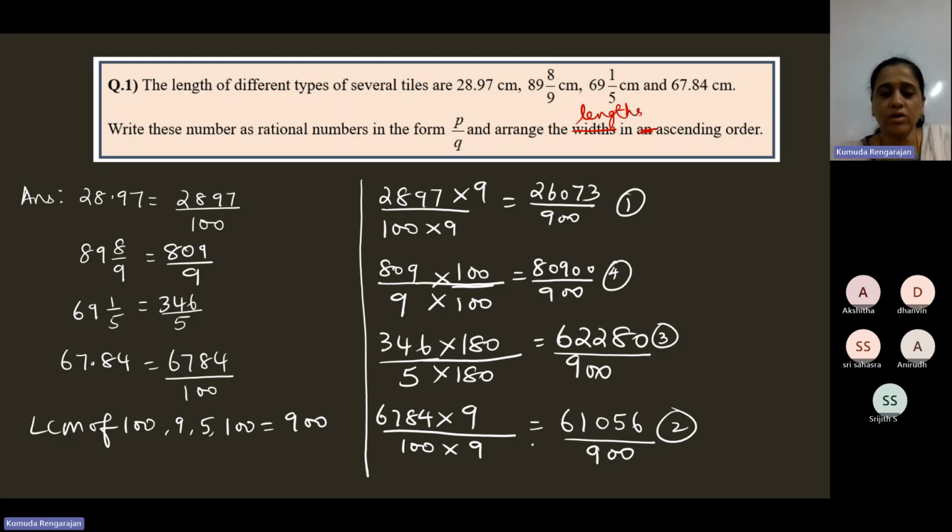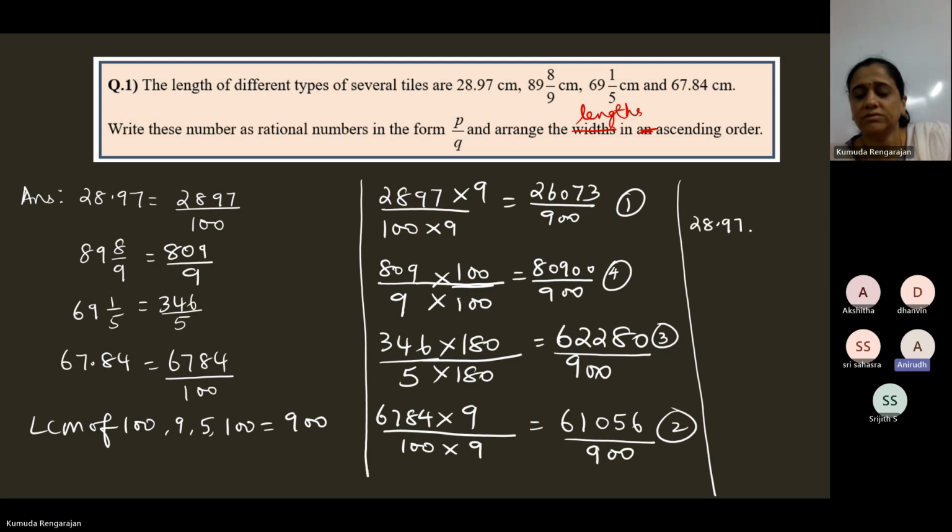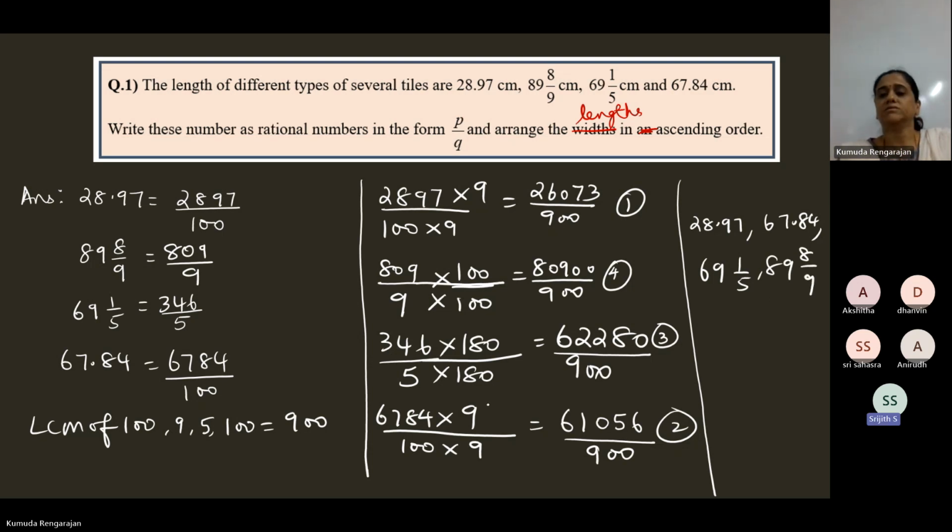So the first one is what? 28.97. Then 67.84. Then 69 1 by 5. Then 89 8 by 9.